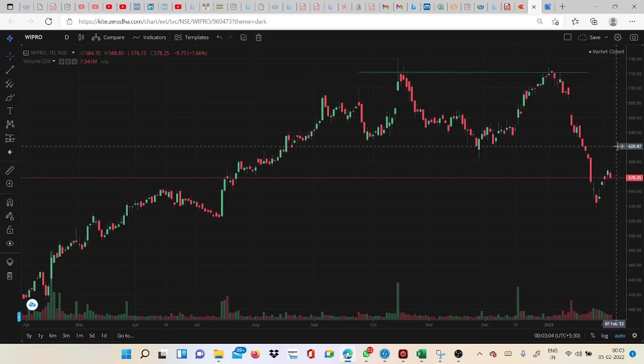And if you sell this quantity here at the bottom, and if Wipro's price goes above this, then you will have a loss. This contract will give you a big loss then.